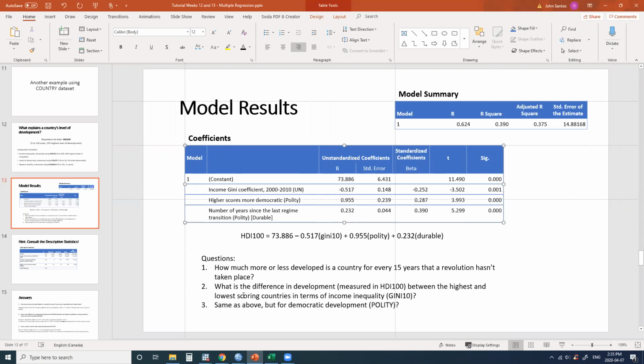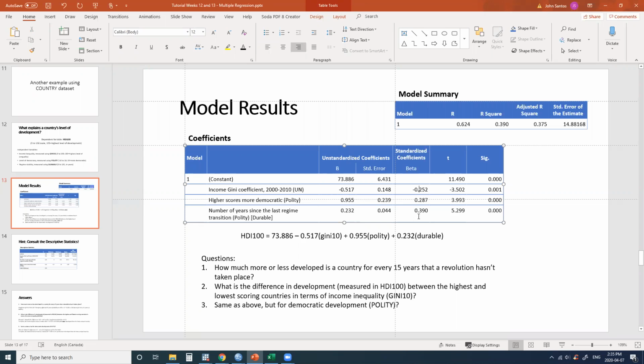Now we'll get to calculating substantive values, but I want to take a minute to compare the standardized coefficients. Obviously, the Gini coefficient is a 0 to 100 scale. Polity is a negative 10 to positive 10 scale. And then this is in number of years. So those units are all different.